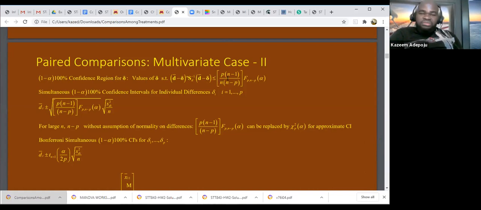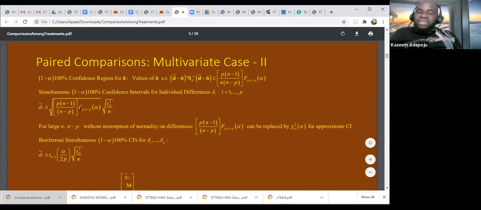Can you see that now? What I have here is more or less the one-at-a-time interval that I talked about the other time, and what I have here is the Bonferroni that we talked about the other time.